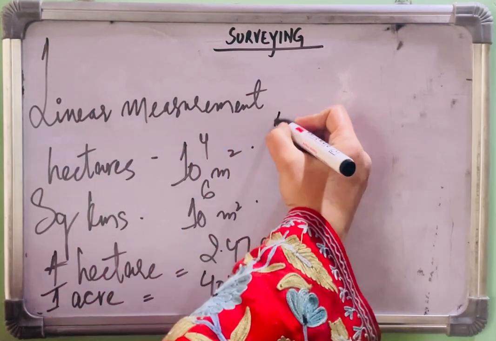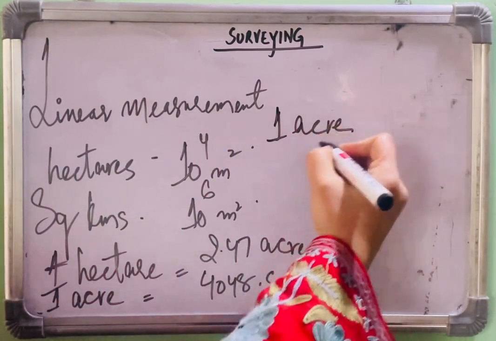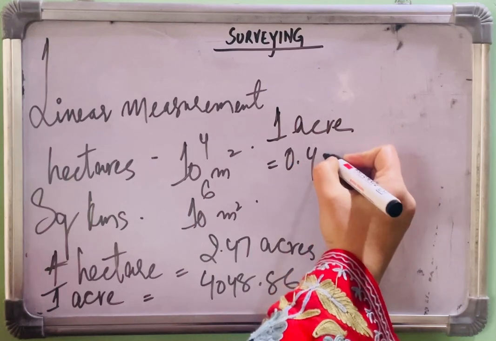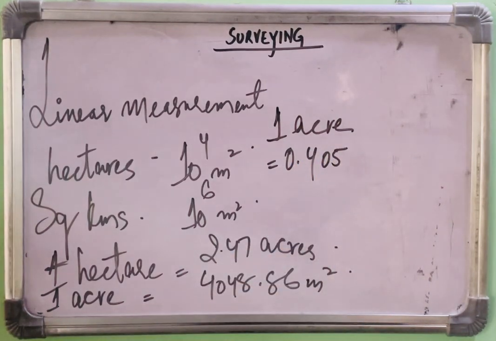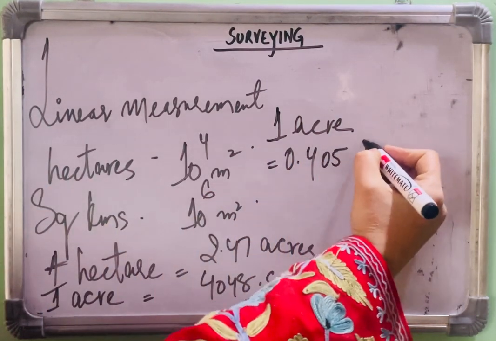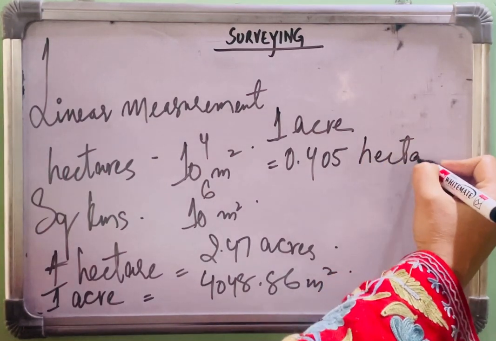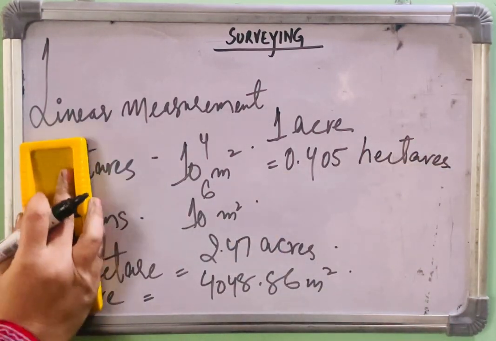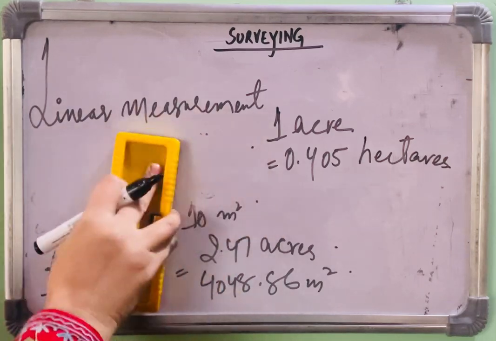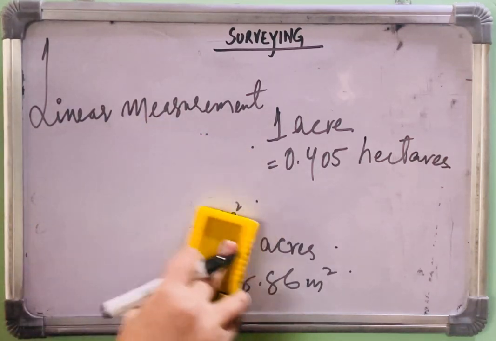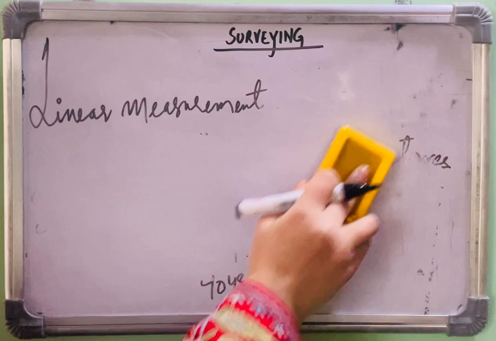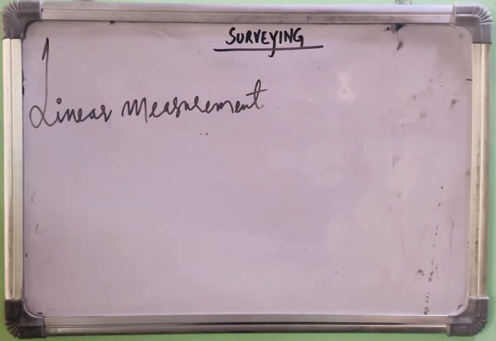And 1 acre is equivalent to 0.405 hectares, right? This was about area, and the volume is usually expressed in cubic meters, right? So this was about linear measurements.